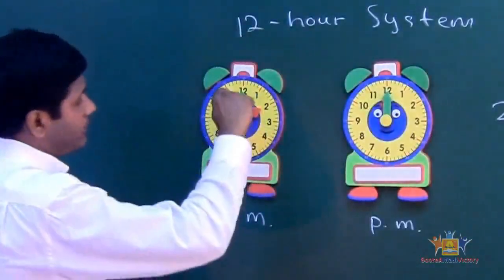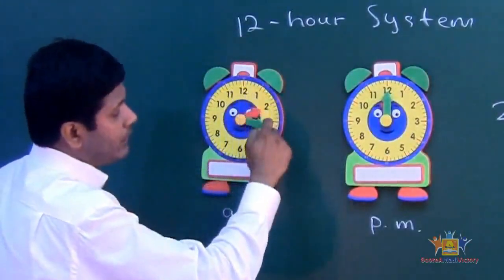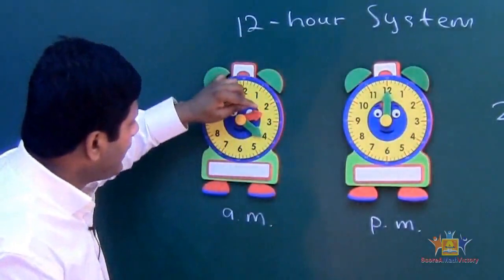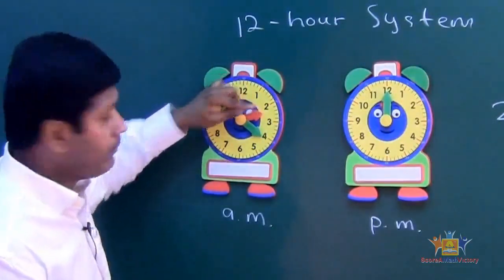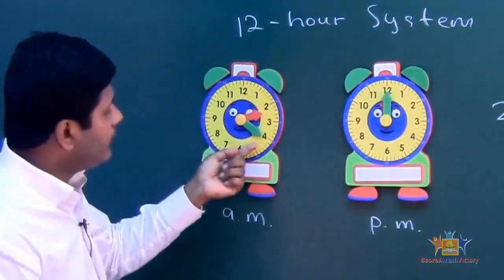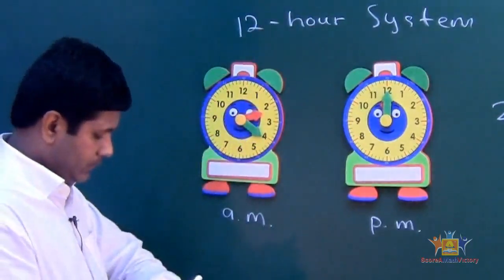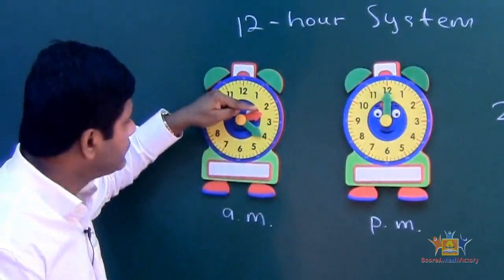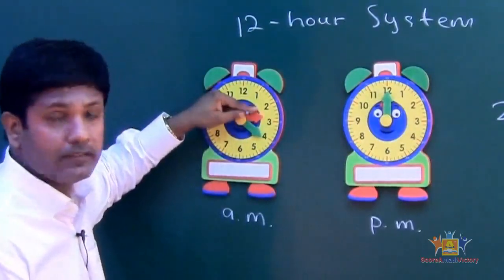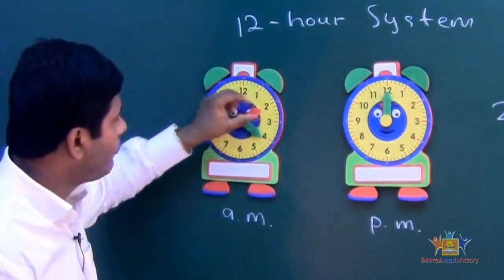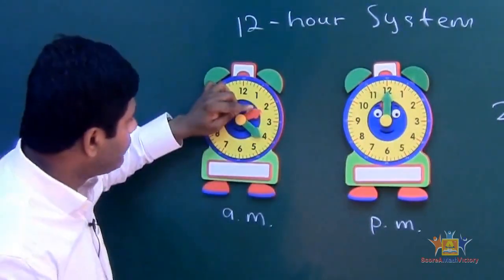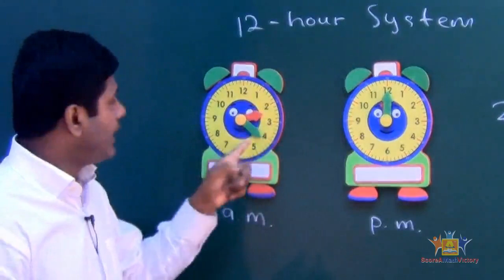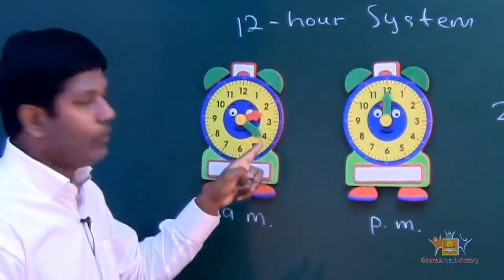Now let's say, for example, the long needle shows 4, and you see the short needle moved a little bit away from the 2, because as the long needle moves, the small needle also starts moving closer to 3. See that? That's why it's away from the 2, but still before 3. So that means this is 2.